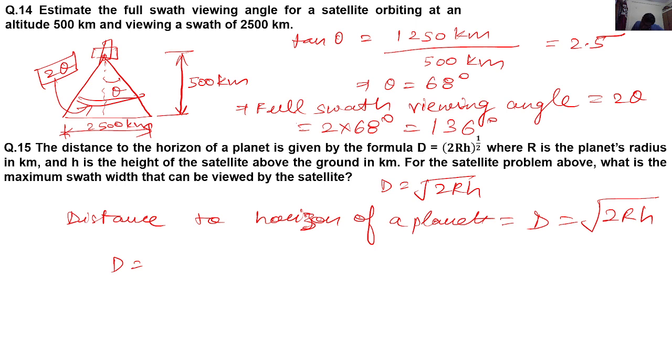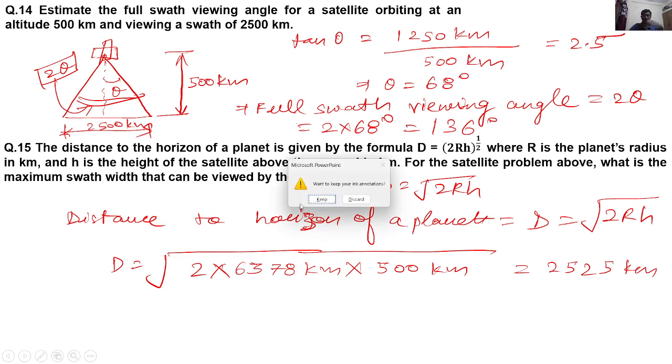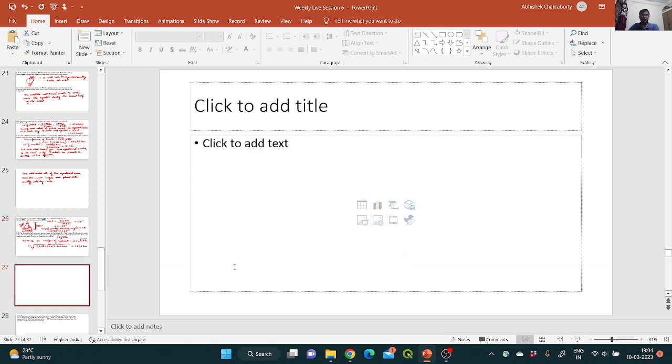So D is the square root of 2 times R, the planet's radius 6378 kilometers, times H, the height of the satellite, 500 kilometers. So it comes out as 2525 kilometers.